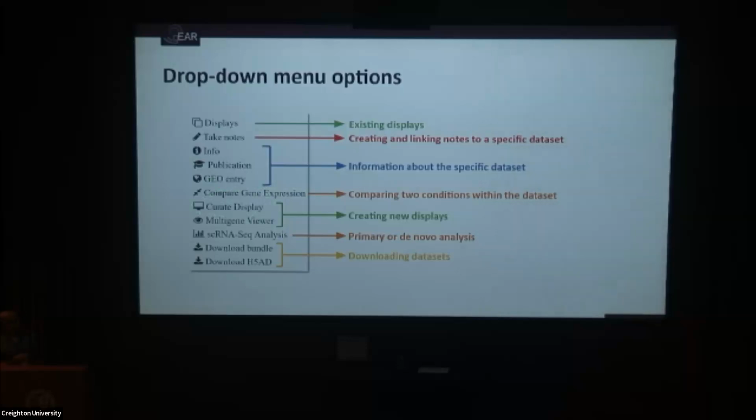You can curate and make your own displays of how they look, both in single gene or multi-genes at a time. And then we have the single cell analysis workbench. And finally, we recently added, people wanted to just be able to download the data directly. So you can do that two different ways. The original bundle, whatever files they gave us, or this binary format called H5AD that's popular with Python or R.